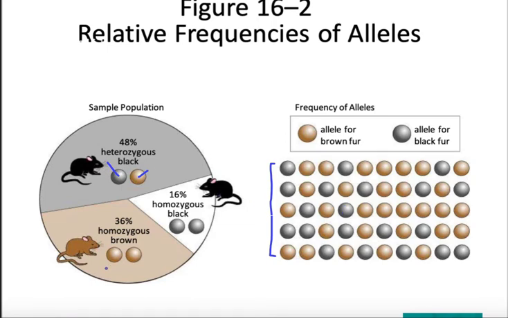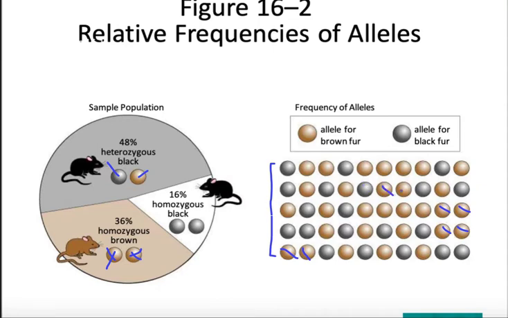Now, let's say that these mice are living on the lava and the brown mice are all getting eaten by hawks, right? So every time a brown mouse gets eaten by a hawk, you lose 2 brown genes. And if 2 brown mice get eaten, then we lose 4 brown genes, and 3, we lose 6. And then you could start looking at, is the gene pool changing?